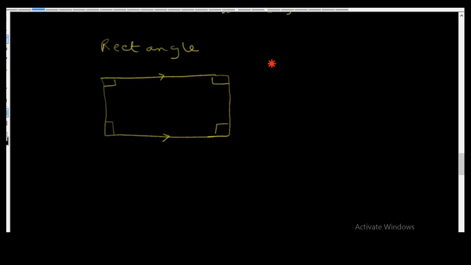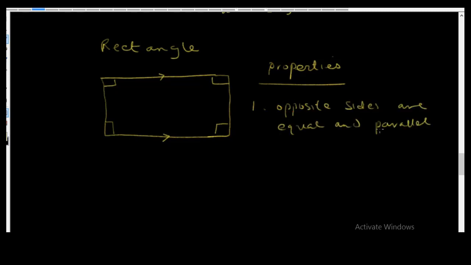So let's look at the properties of a rectangle. Number 1, opposite sides are equal and parallel. Number 2, each angle is 90 degrees.